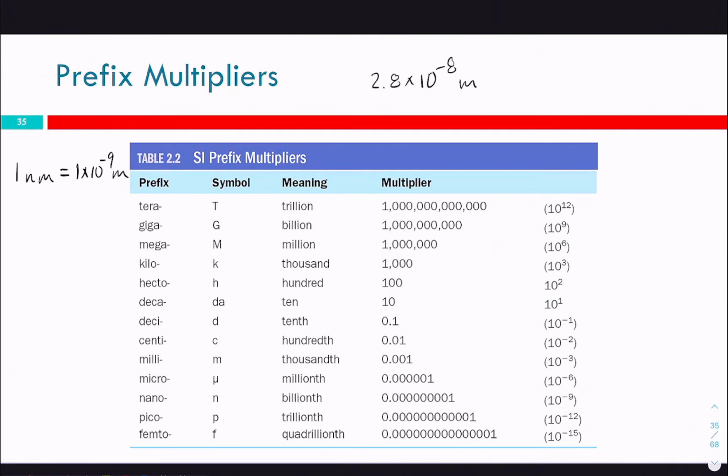That's why I wrote this is 1 billionth. So we can convert this. We want to get rid of the units of meter, so put those on the bottom. We want units of nanometer on top. So 1 nanometer, 1 times 10 to the negative 9 meters on the bottom. So 2.8 e to the negative 8 divided by 1 e to the negative 9. So now this would be 28 nanometers.